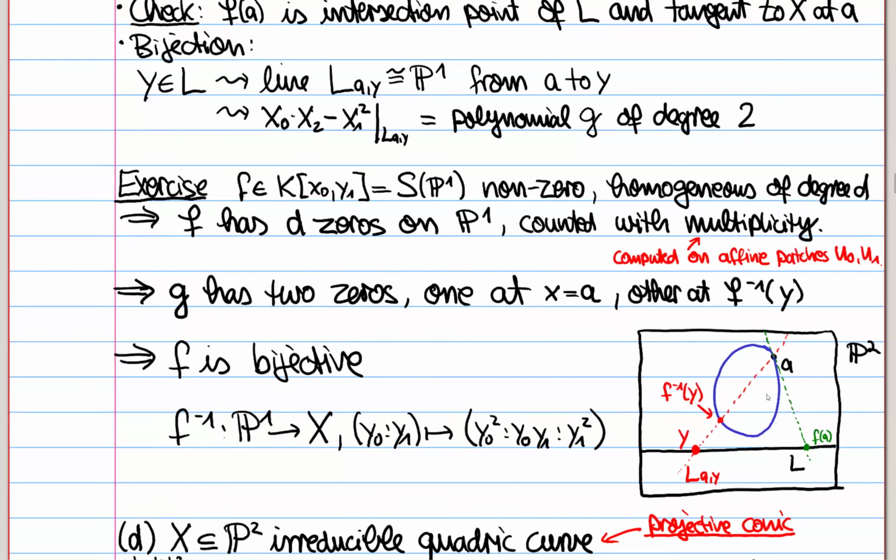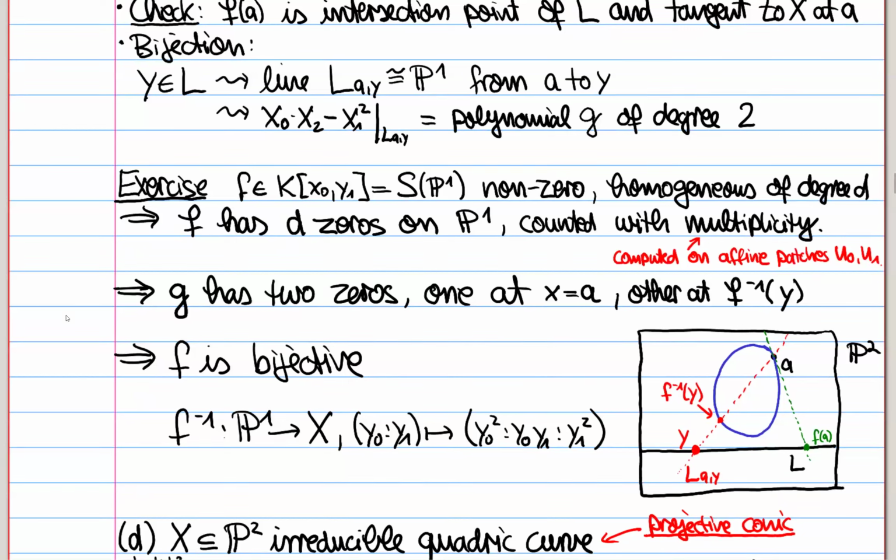Note this particular line here between A and f of A, this becomes the tangent, and then this second point counted with multiplicity is just A again. So then you have a kind of double zero at A, and this shows that this point here is mapped to A. Okay, so the summary so far is that we have shown it's a bijective map.